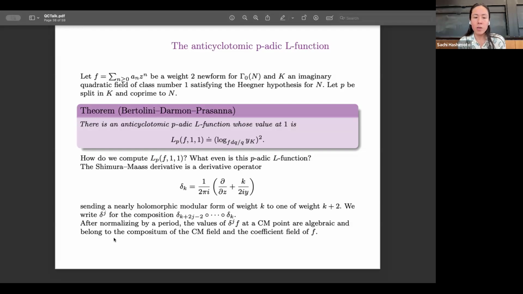What's really amazing about this derivative operator is that after normalizing by some period, the values of delta^j of our newform f, evaluated at a CM point, are actually algebraic. And we have some control over the algebraicity. They belong to the compositum of the CM field of that CM point and the coefficient field of f.